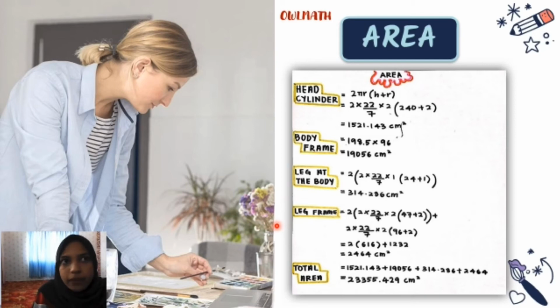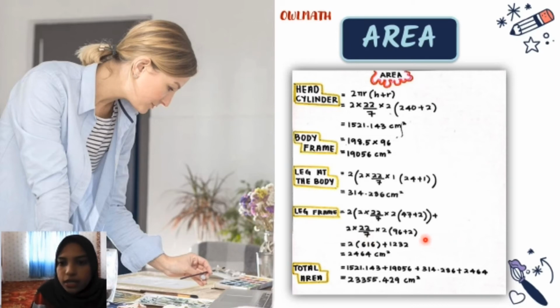For the leg frame, we separate it into 2 parts. The first part is the leg, which is 2 times 22/7 times 2 times (47 + 2). We have 2 legs, so we multiply it by 2. And this one is 2 times 22/7 times 2 times (96 + 2).